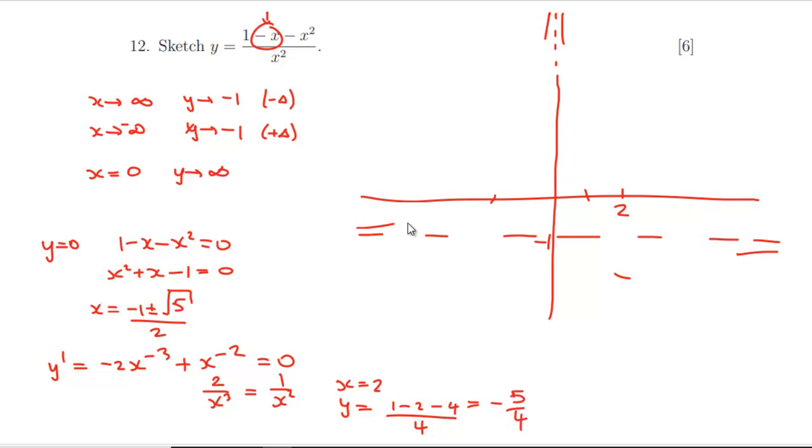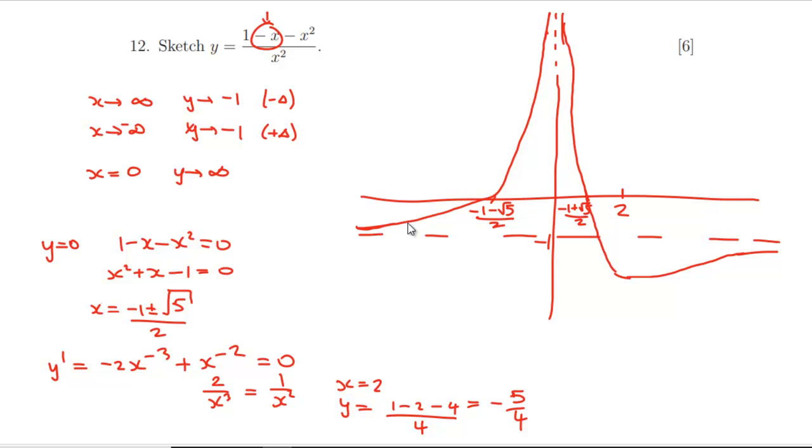So yeah, we've got pretty much everything here. So this we know is just doing that, going through minus 1 minus root 5 all over 2. This is going through minus 1 plus root 5 over 2. It's got a turning point there going off to an asymptote.